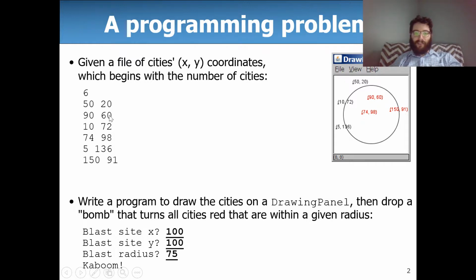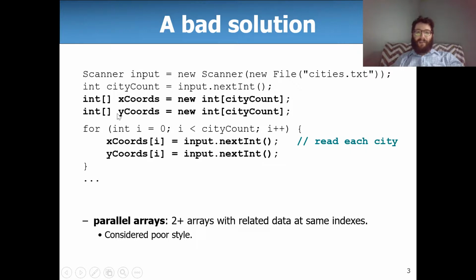Index 3 contains city 2's y coordinate. As you can see, it's already getting confusing, right? And we would write a method to translate that, but still, it seems a bit unnecessarily confusing. Similarly, though, having 2 parallel arrays that are related to the same data is considered a bit bad design.